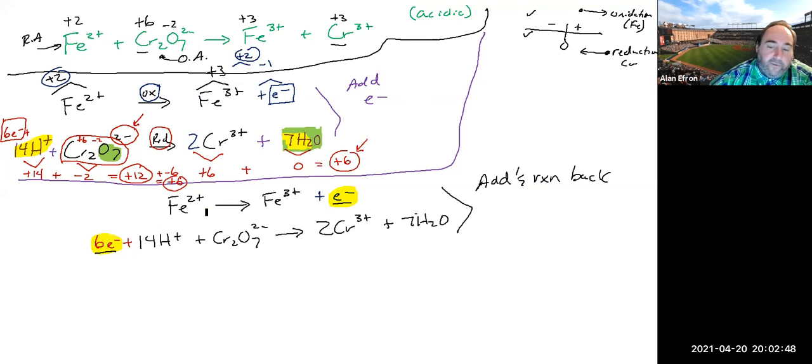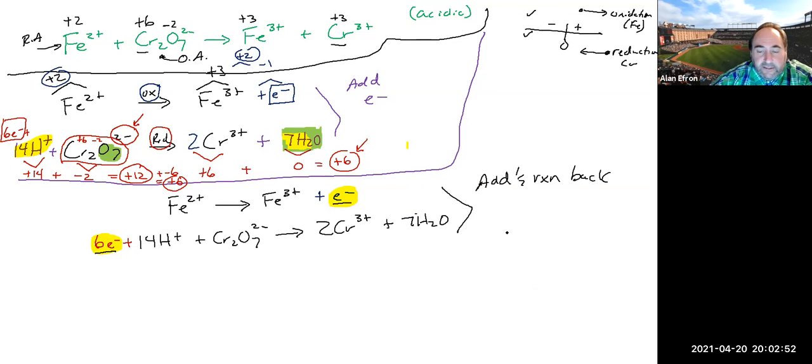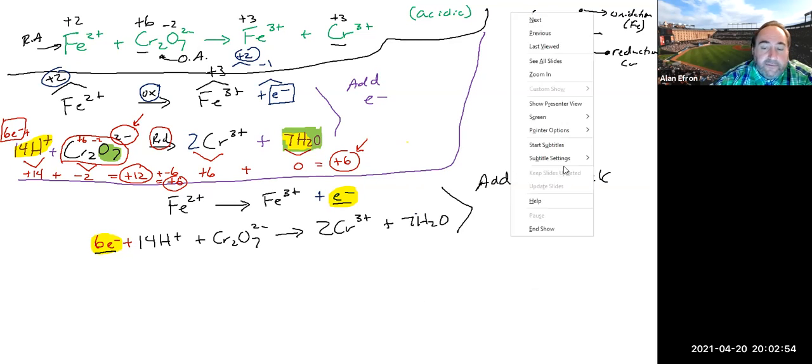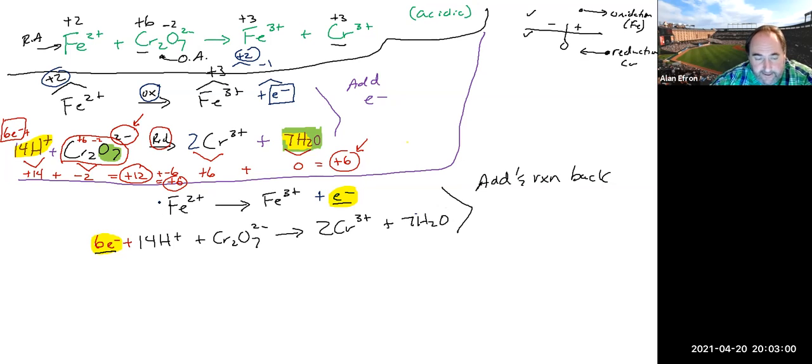So before we could do that, because we don't have the same number of electrons, we need to multiply, in this case, the top reaction by 6. And again, the reason we're going to multiply the top reaction by 6 is to get us to the proper number of electrons.